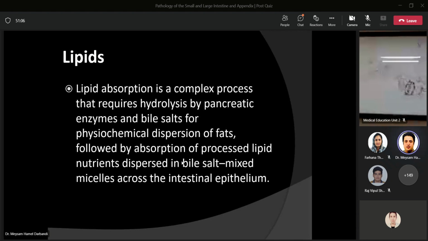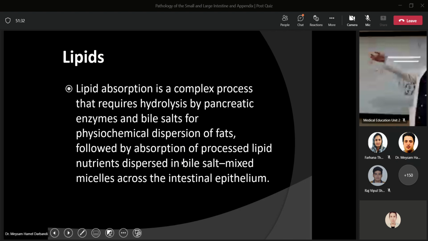So with this explanation, we need to answer the following pathological conditions that we will see. But one more thing before that: the bile will return back through enterohepatic circulation. So let's see what our book wants to teach us.